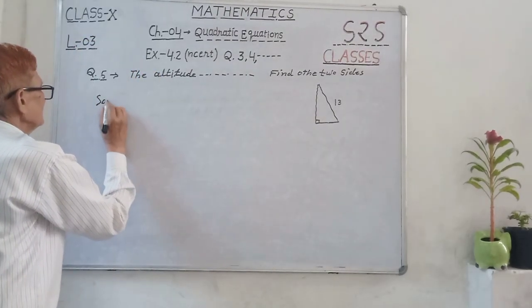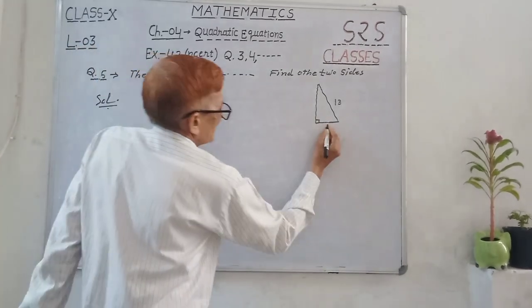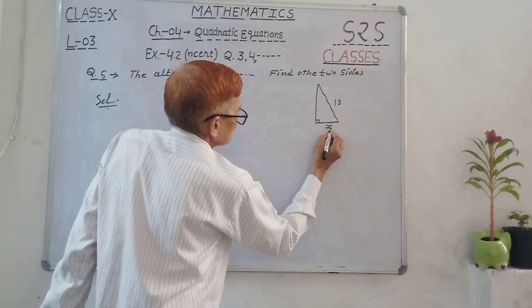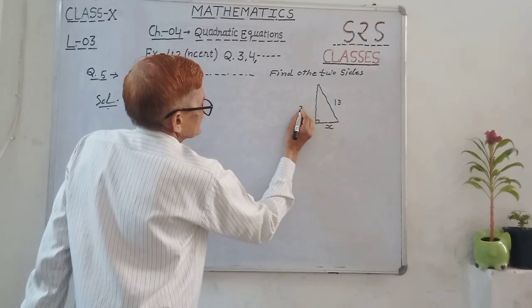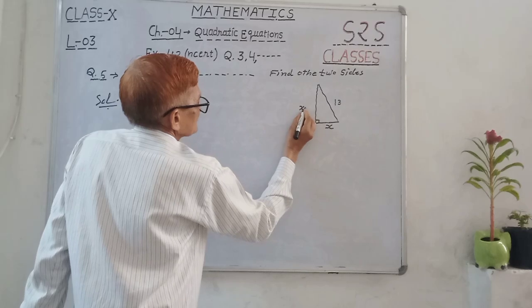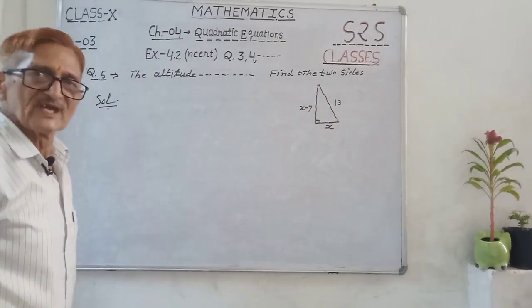Solution. Base, let x. Then the altitude will be 7 less, x minus 7, because it is 7 less than the base.